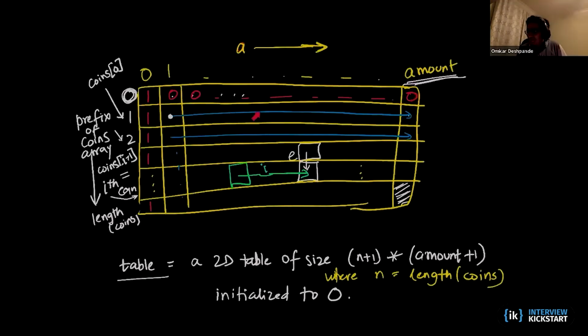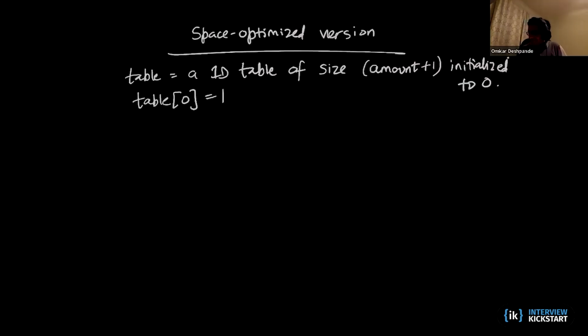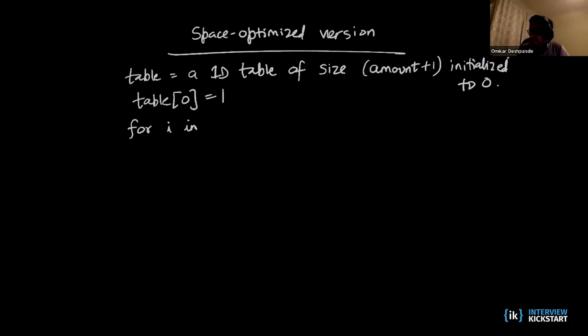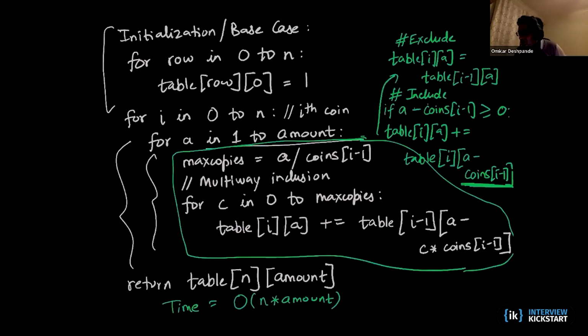Now we start running the for loop as per the blue arrows. So for I in the range from, let's see, what was the code here, it was 0 through n. Actually this should have been 1.